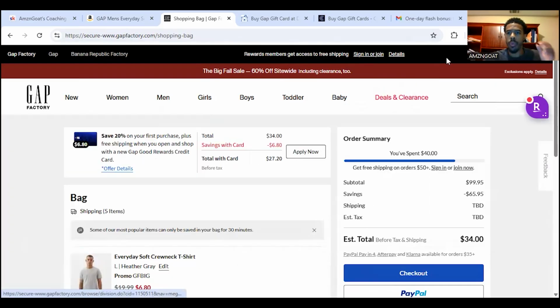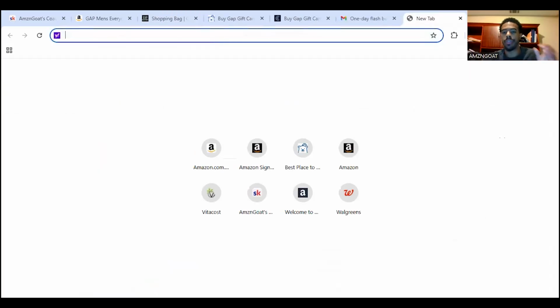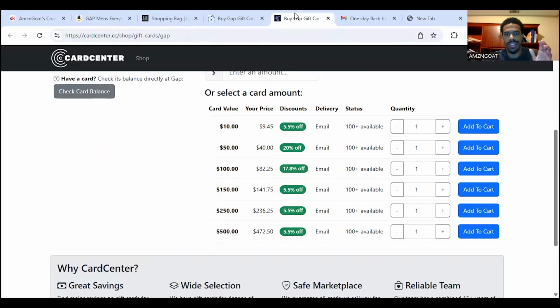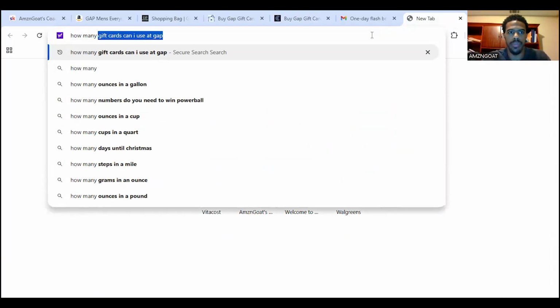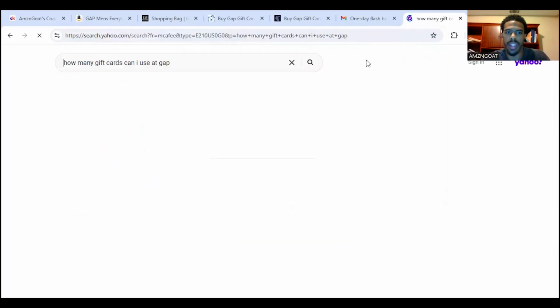One thing I like to do is, if I'm on a website and I see that the best cards they have are 20% off, but they're only $50 valued cards, I will always Google, how many gift cards can I use at Gap?